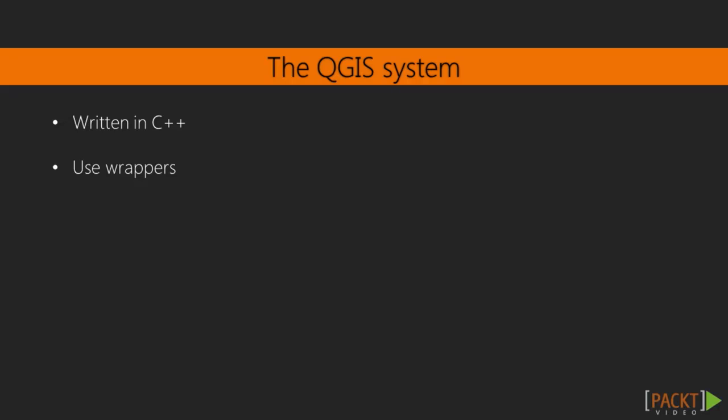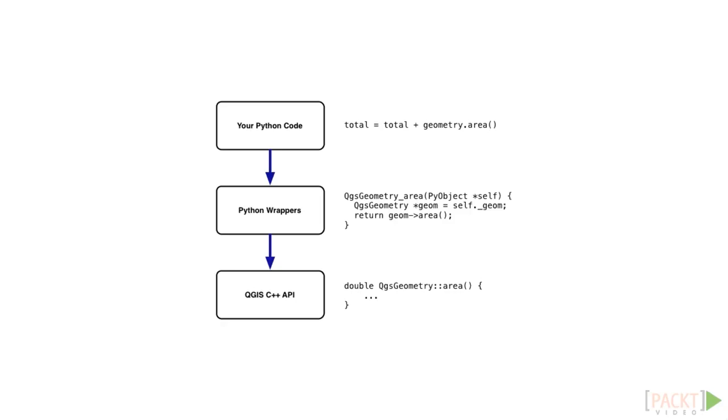For example, when we call the QgsGeometry.area method here from our Python program, the Python interpreter calls a specially generated wrapper function written in C++. This then calls the QGIS API function, which does the actual work here.